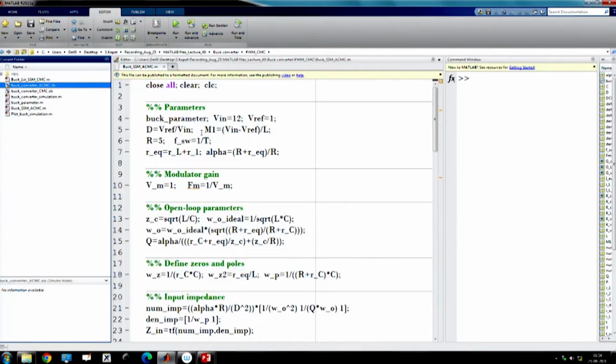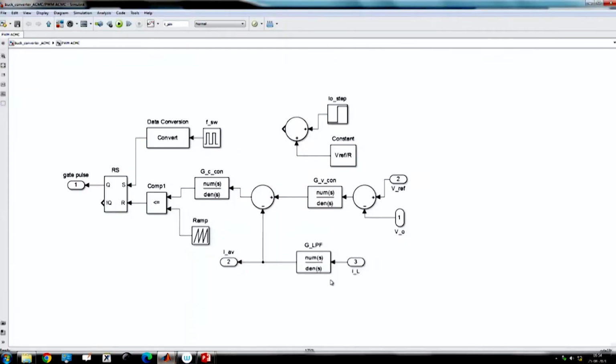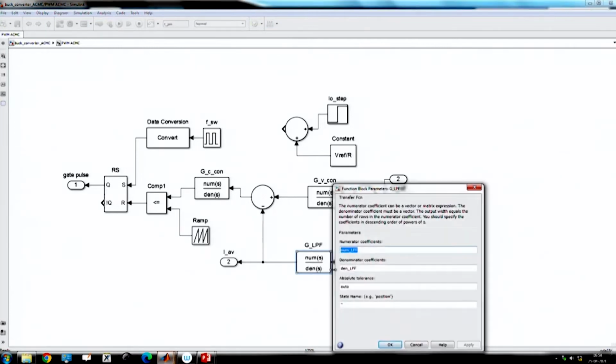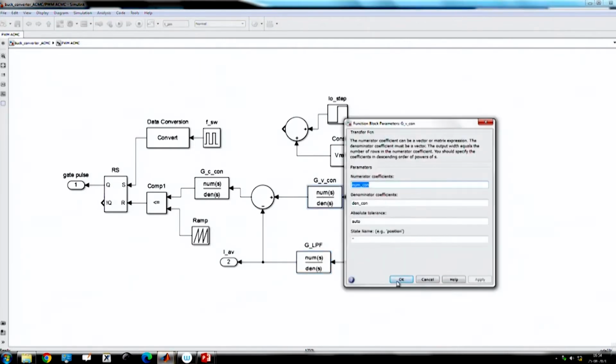Now, if we go back to MATLAB, I will first show you the MATLAB simulation. Here is the low pass filter, and we are defining this transfer function in the MATLAB code, and this is our conventional voltage controller.